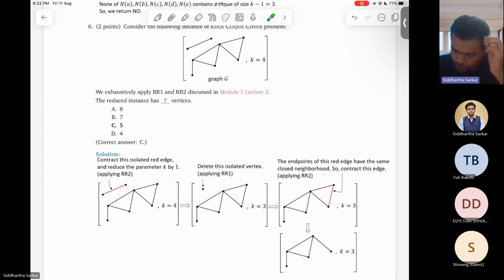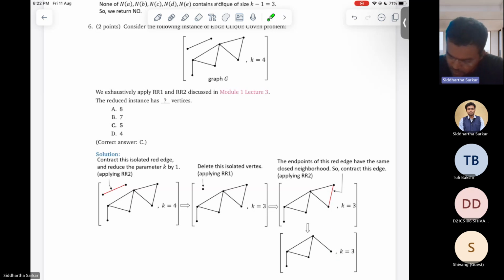Here the neighborhood of this is only this vertex and this vertex, and the neighborhood of this is also this vertex and this vertex, and we are talking about the closed neighborhood. So the closed neighborhood of this vertex and this vertex is nothing but these 3 points. Therefore, we could contract this edge, and after contracting this edge, we get this vertex.